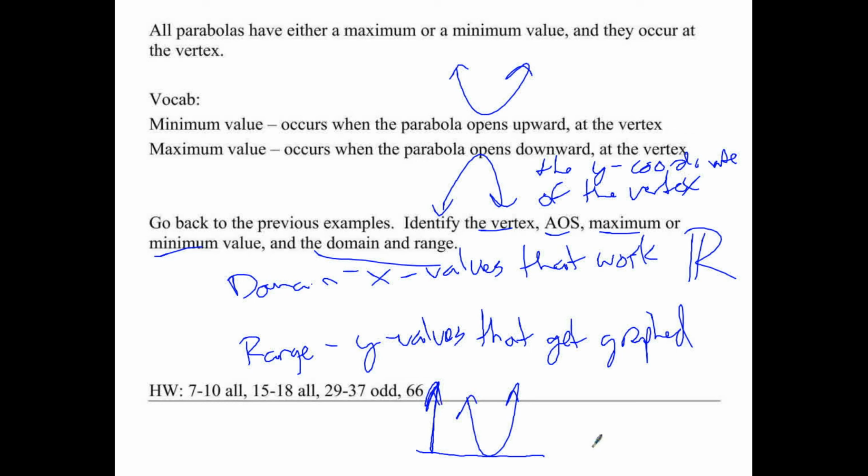If the parabola opens down, the highest y value and down is going to get graphed. What is the lowest or highest y value? The y-coordinate of the vertex. So all you need to know is the y-coordinate of the vertex and which way the parabola opens, and you'll be able to describe the range.